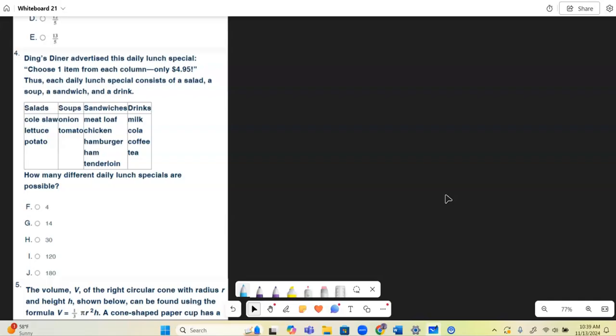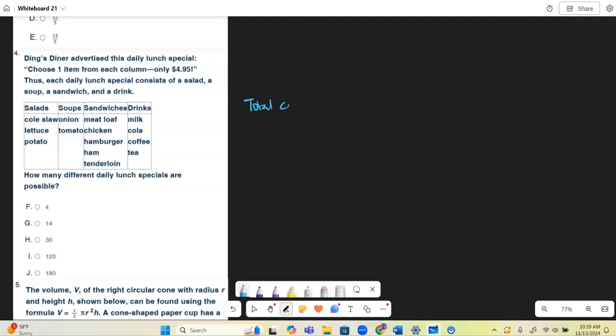So how many different daily lunch specials are possible? So that is actually calculating the possible number of combinations. You can use the fundamental counting principle. The fundamental counting principle gives you an idea about the total combinations.